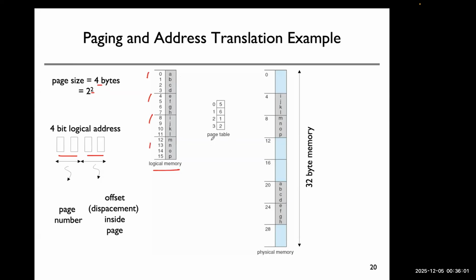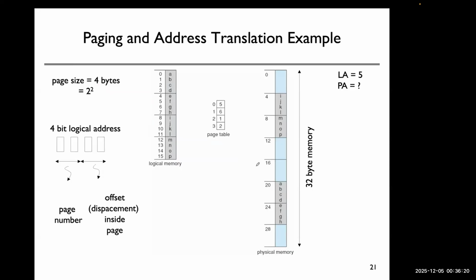And suppose this table is already populated, meaning that these pages are already loaded into the frames. You can see on the right that you have physical memory and the pages are already loaded into the frames. As a result, the page table is populated.